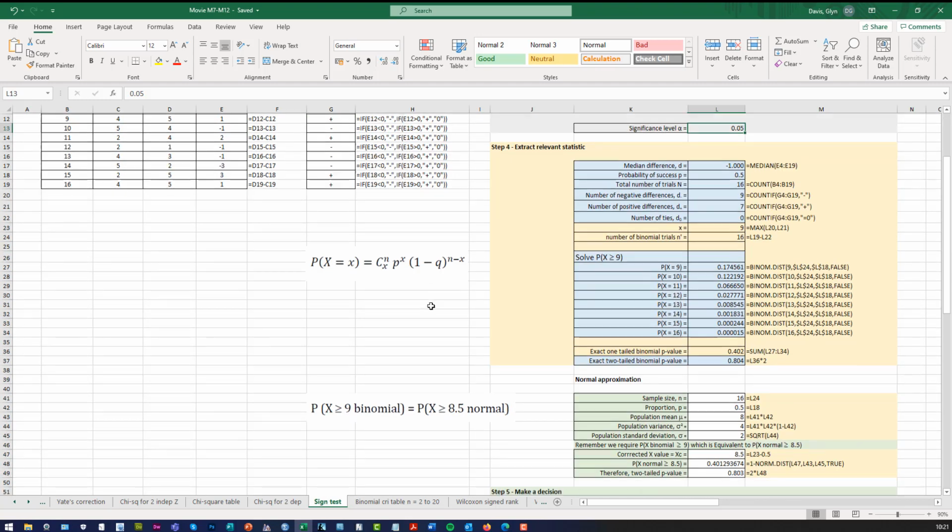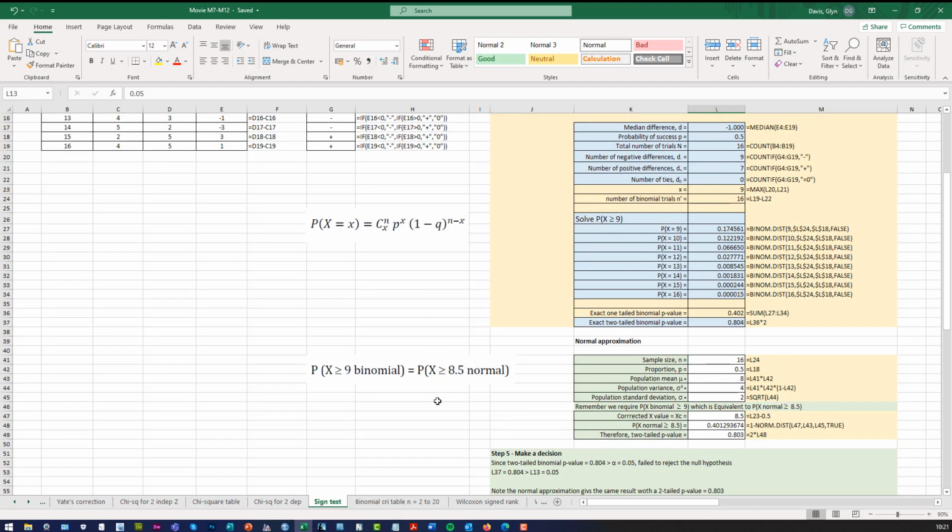Okay, now you could, if you wanted to, do a normal approximation, but remember that the probability that X is equal to or greater than 9 binomial is the same as the probability X is equal to or greater than 8.5 normal. So if you do the calculations, you'll see, as you can see on the screen, that the two-tailed p-value is 0.803. But we're really concentrating on the fact that we want the exact binomial.